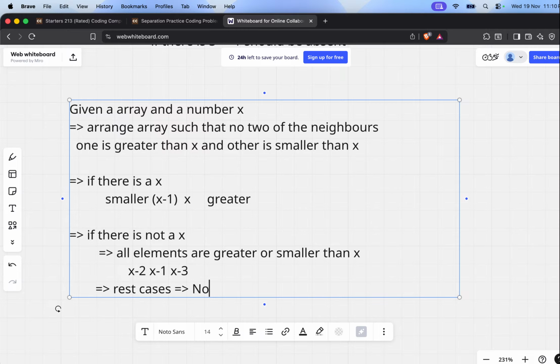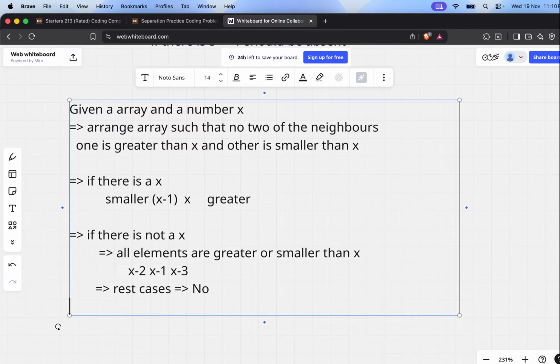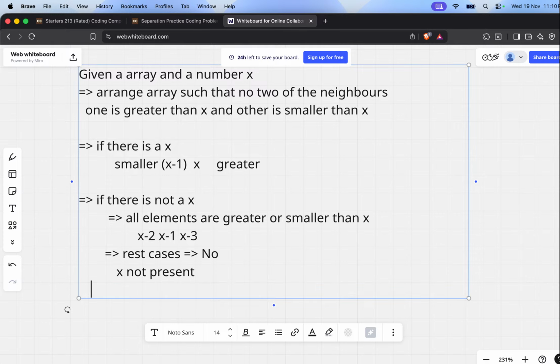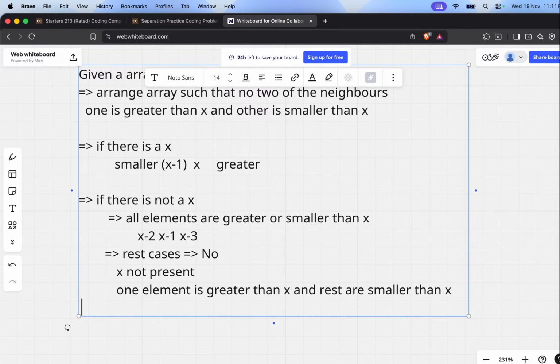the answer is no, because if x is not present and one element is greater than x and the rest are smaller than x, then let's say this is s, s denotes the smaller elements, and this is g, then s.